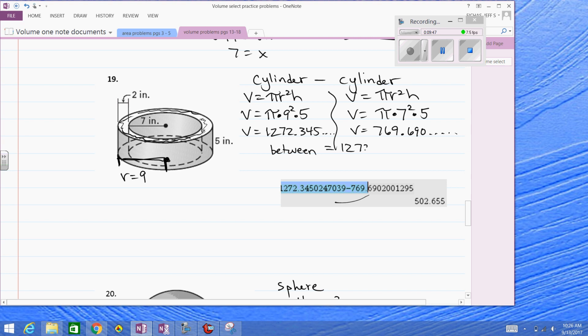You're going to subtract them, and we get 502.66 inches cubed, because we're going to round that to 2 places. So the volume between. All right, I'm a little over, so that's it.